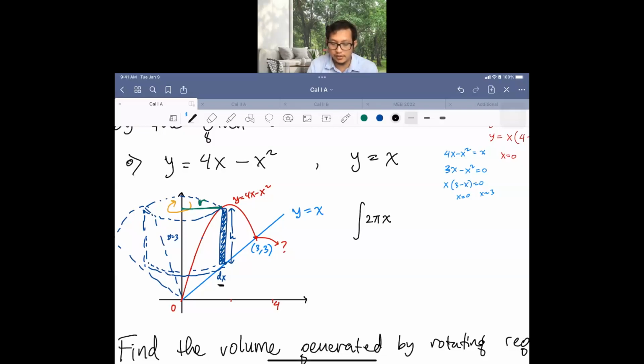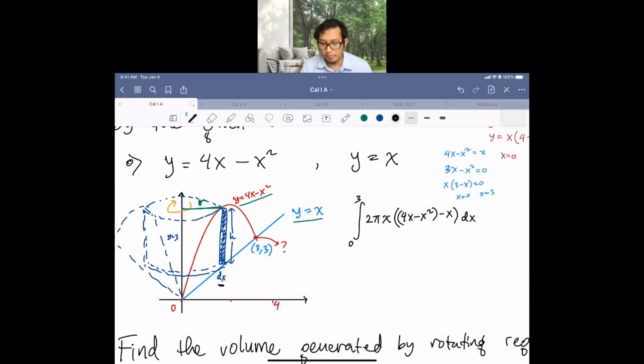The height is the difference between this function and this function. Okay, so we could write 4x minus x squared minus x, right? That's the height, and then the x, and then we can evaluate from 0 to 3.